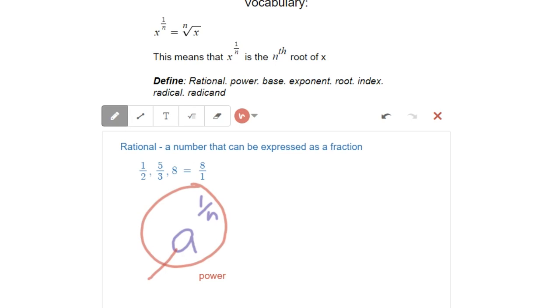We know that the bottom part is called our base, and the top part here is called our exponent, except that in our exponent we have a rational number.